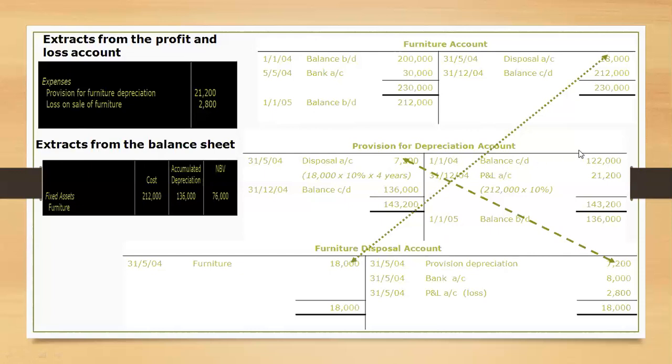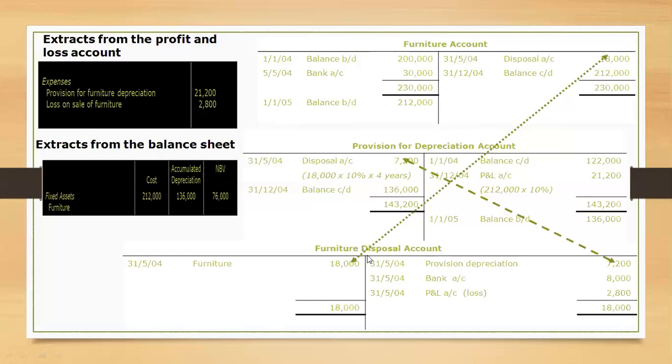So opening balance given 1,22,000, current year provision 21,200, and here is a working: 2,12,000 into 10%. See disposal account: 18,000, 10% rate and number of years are 4. We have to calculate accumulated depreciation for the asset which is going to be disposed of. And the balance which is left is 1,36,000.